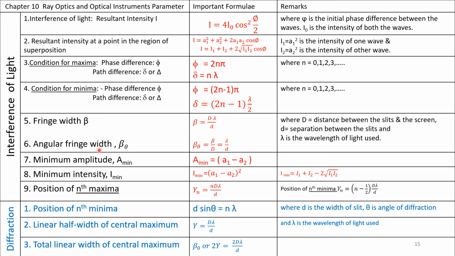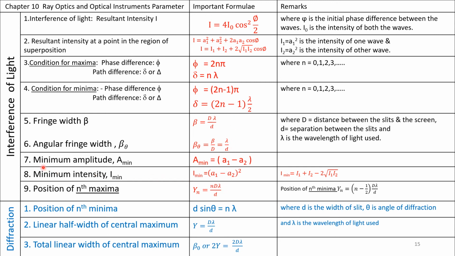The angular fringe width beta suffix theta is equal to beta by D, that is equal to lambda by d, where lambda is the wavelength of the light used and small d is the separation between the slits. Please clearly see the difference between beta by capital D and lambda by small d. This you please note and repeat the formulae.